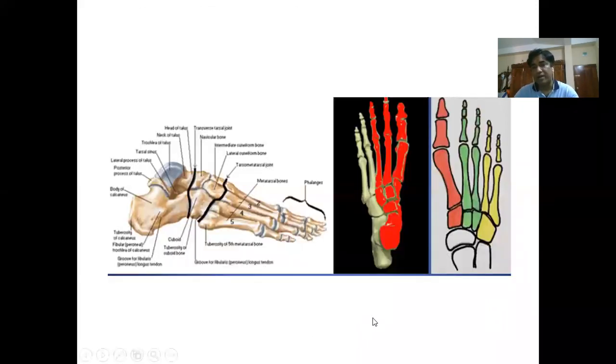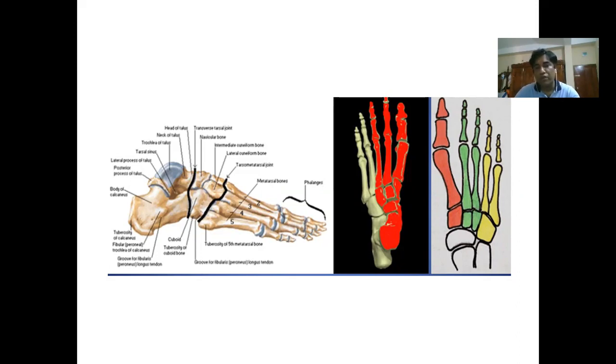These are the longitudinal arches, you know that, but my emphasis on this picture is that in the osteology, the mid-tarsal joint plane is a little bit oblique, and the mid-tarsal bones are somewhat triangular in shape. The triangular apex is in the cuboid bone, and the base is on the navicular and the middle cuneiform bone.